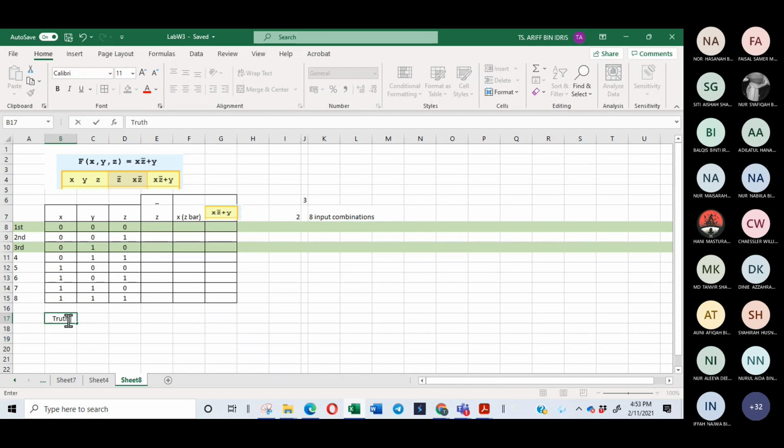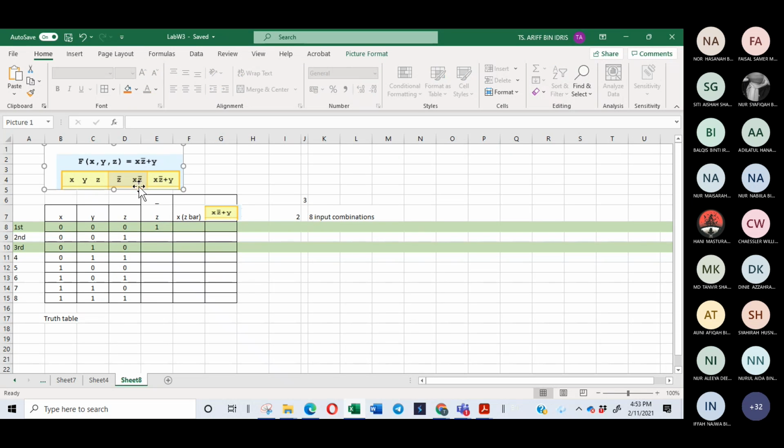What is a truth table? The first one is we want to get the z bar, so we refer to the value of z. What is the current value for z, class? Zero. What is the answer for z bar? It is the complement of z.